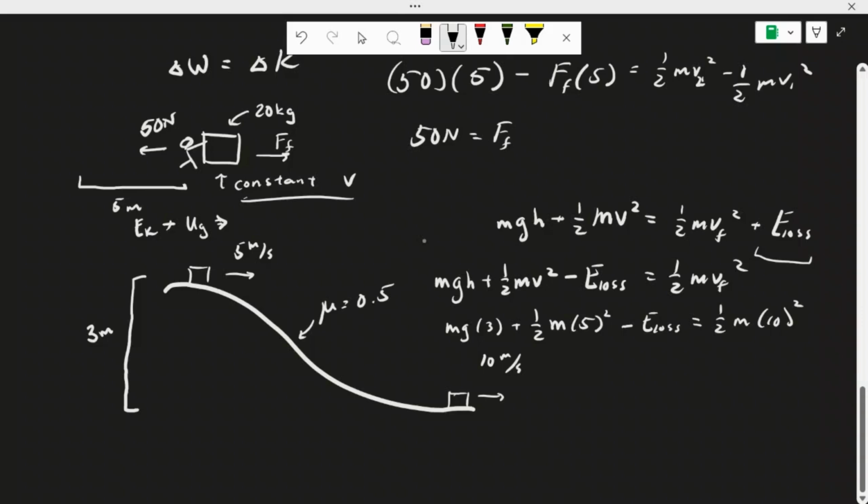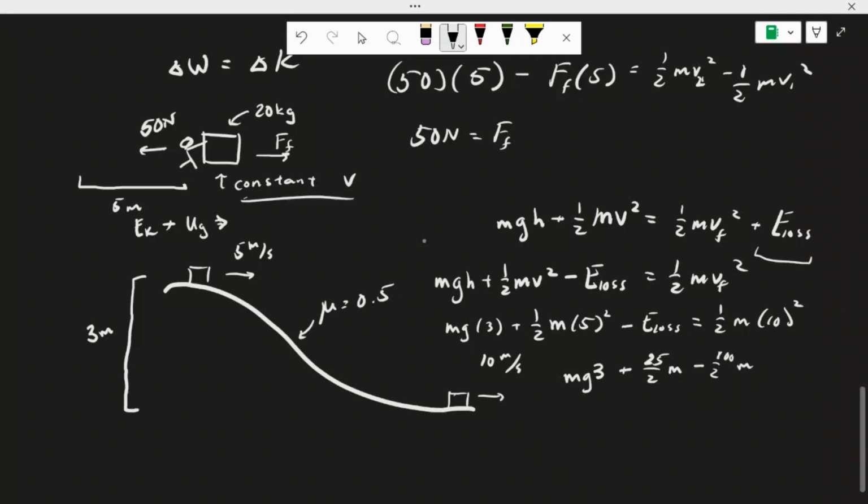So then we get, let's see, mg3 plus 25 over 2 m minus 1/2 100 over 2 m equals E loss.